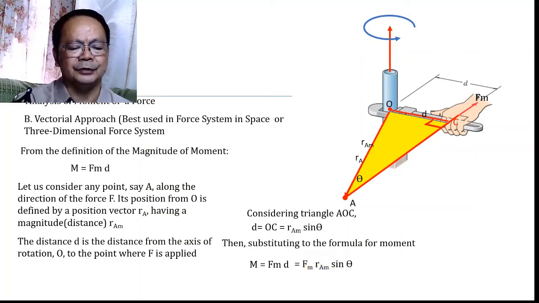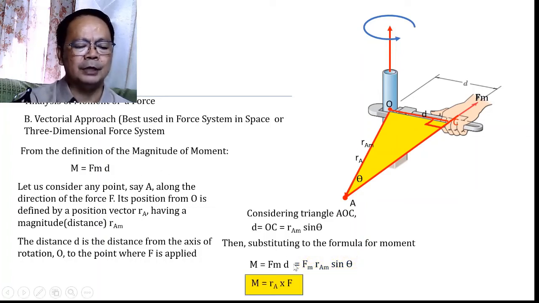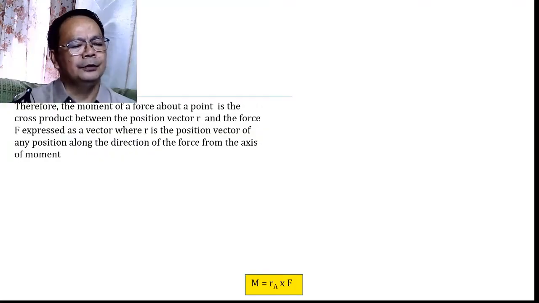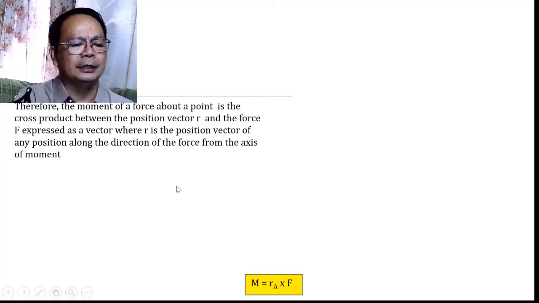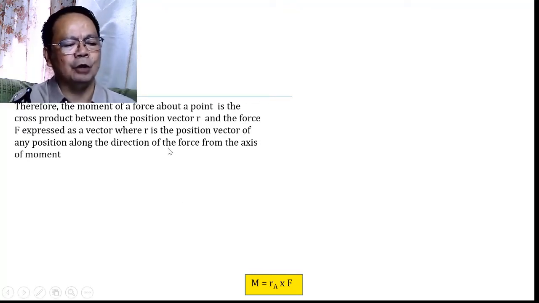You will notice that this formula is exactly the definition of the cross product of F and R, and this may be written as the moment equal to R sub A cross F. Therefore, from that formula, we can make a generalization about the definition of moment using the vectorial approach, and that is: the moment of a force about a point is the cross product between the position vector R and the force expressed as a vector, where R is the position vector of any point along the direction of the force from the axis of moment.